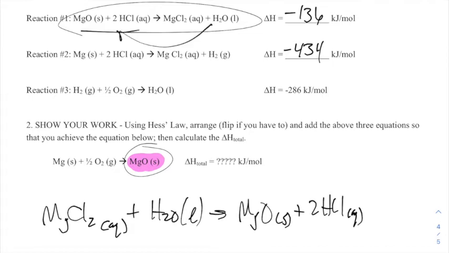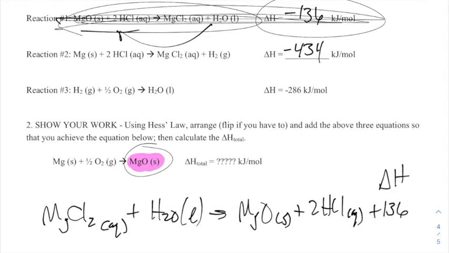And because I have flipped this equation, I take my delta H and reverse its sign. So instead of being negative 136, that's going to have a delta H of positive 136. So my first step here is going to be positive 136.